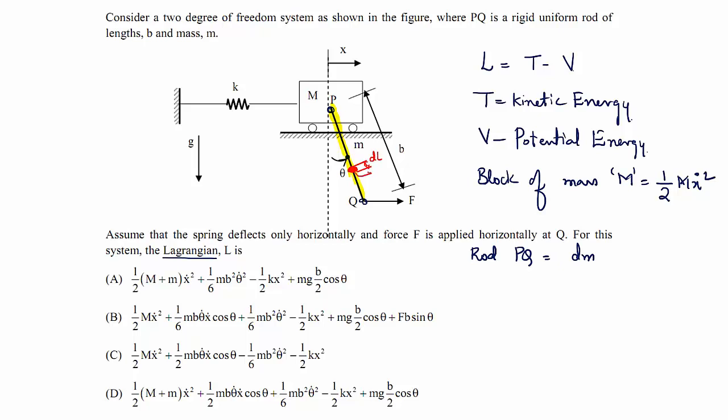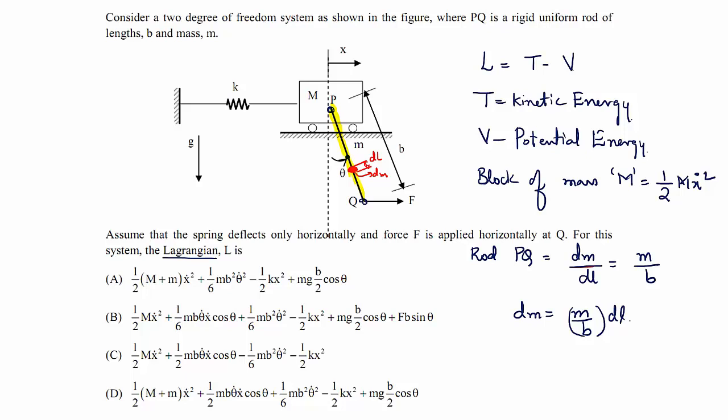So dm by dl is equal to m by b, where the mass of the rod PQ is m and b is its length. So dm is equal to m by b times dl. Now this is the differential mass.